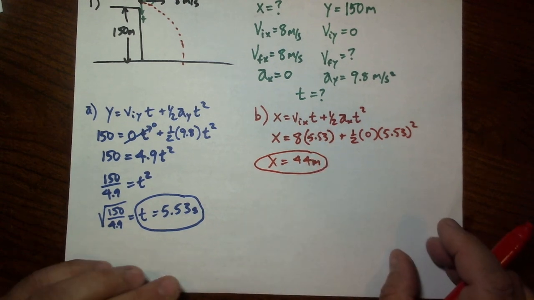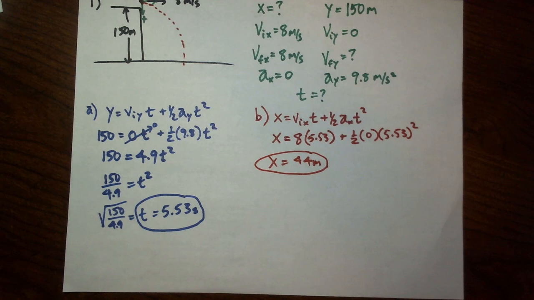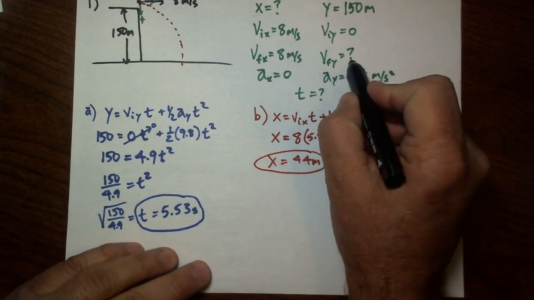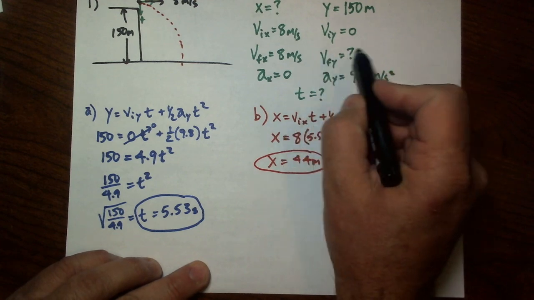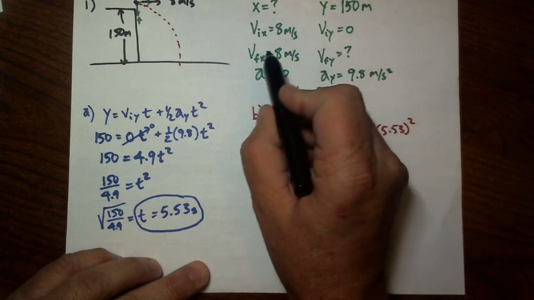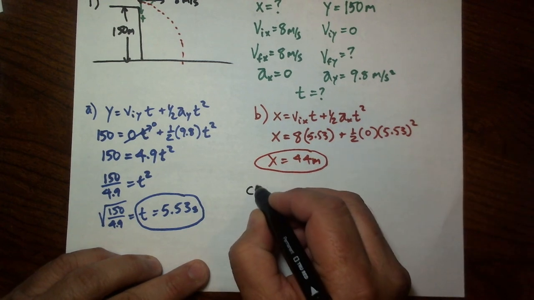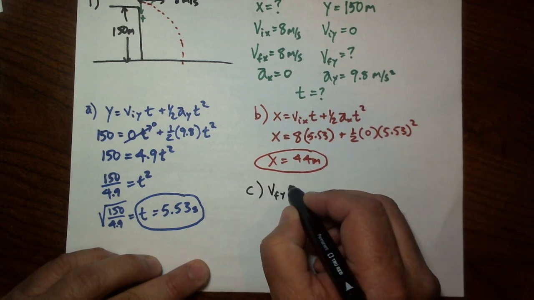What is the vector velocity of the stone when it hits? Wow, that is going to be a little challenging because first we have to find the unknown y velocity, and then we have to combine these two in the x and y directions to find the final vector velocity. So let's quickly find the unknown final y velocity.